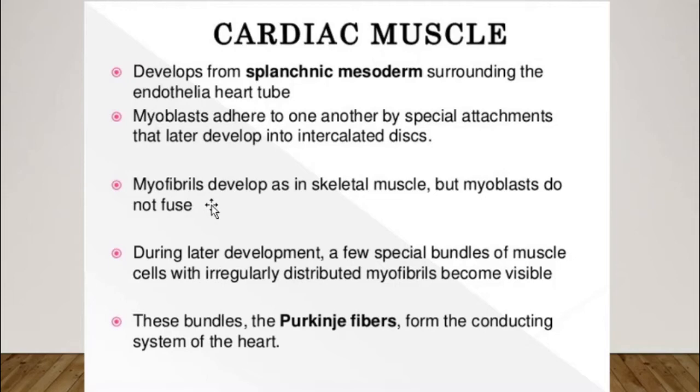During later development, a few special bundles of muscle cells with irregularly distributed myofibrils become visible. These bundles of Purkinje fibers form the conductive system of the heart. Those are the structures inside the cardiac muscle.